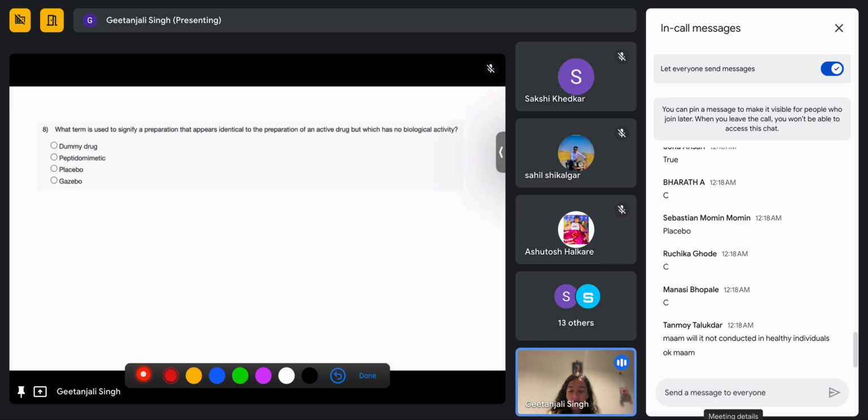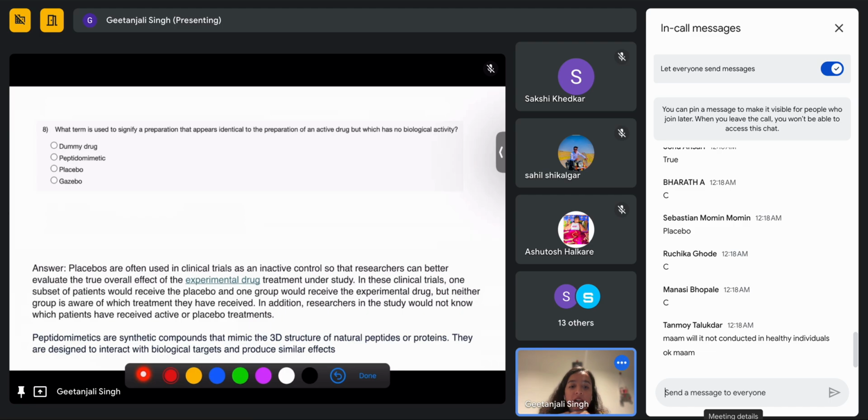So placebos are often used in clinical trials as an inactive control, so that the researcher can better evaluate the true overall effect of the experimental drug treatment on a study. Most of the time, even the researchers are not told which group of people are given placebos and which group of people are actually given the medicine.